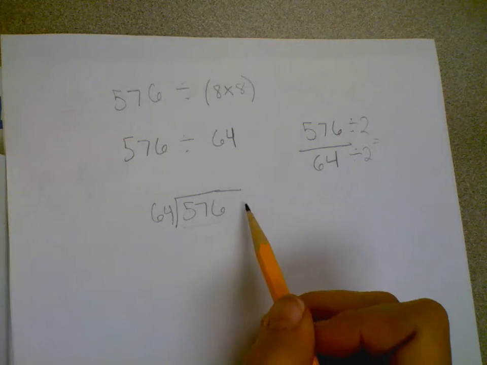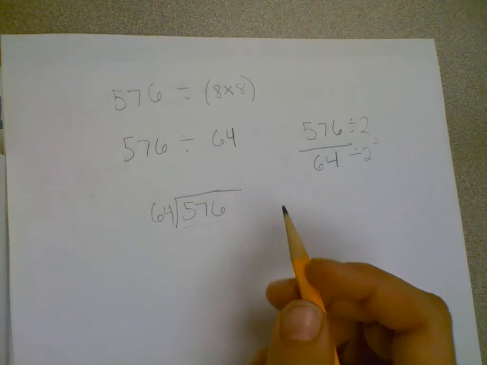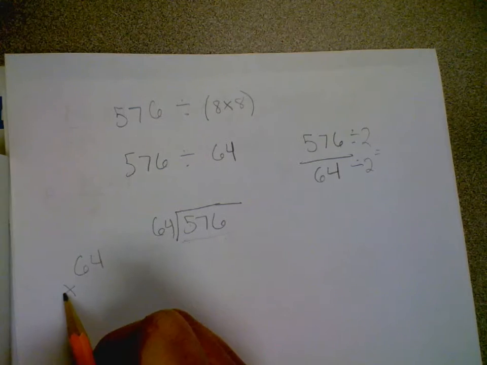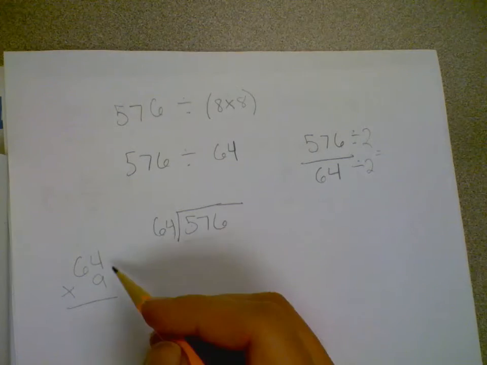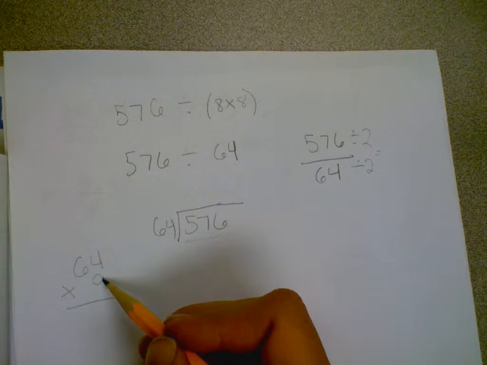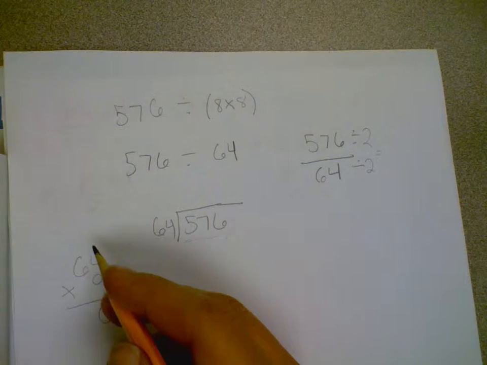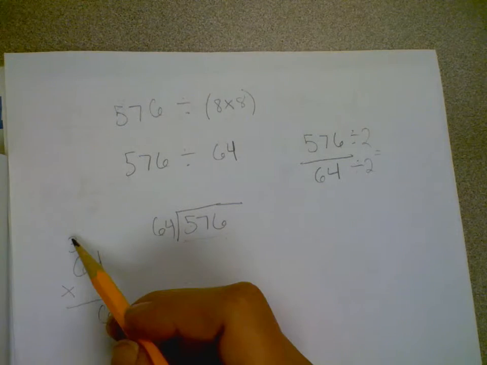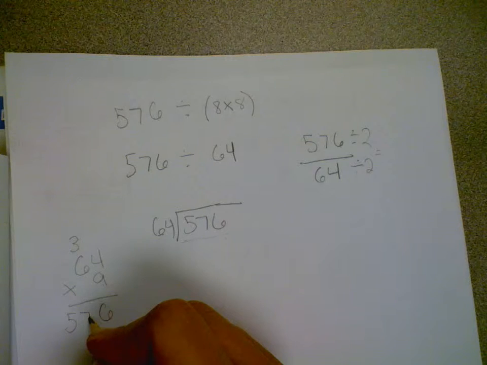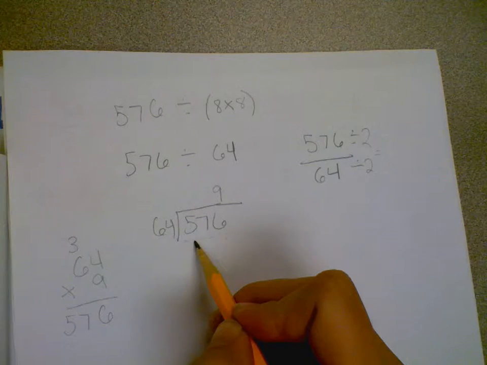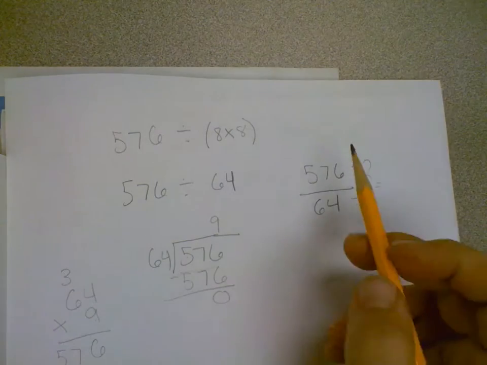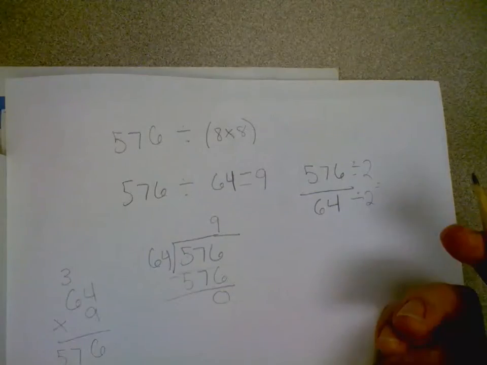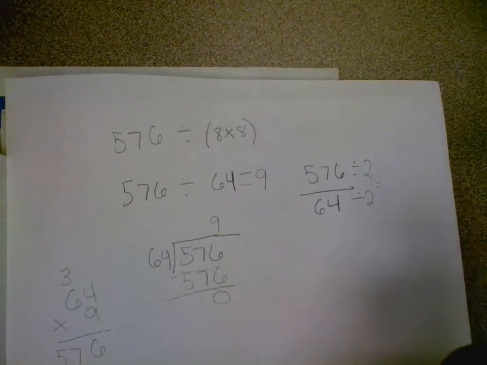I think I'm going to start with 9, but I don't know if that's right. But it's okay, at least it's a good starting point. It's an educated guess. 9 times 4 is 36. 9 times 6 is 54, plus 3 is 57. Looks like we had a good guess. We have 0 remaining. So 9 is the correct answer. And you could have done it this way as well.